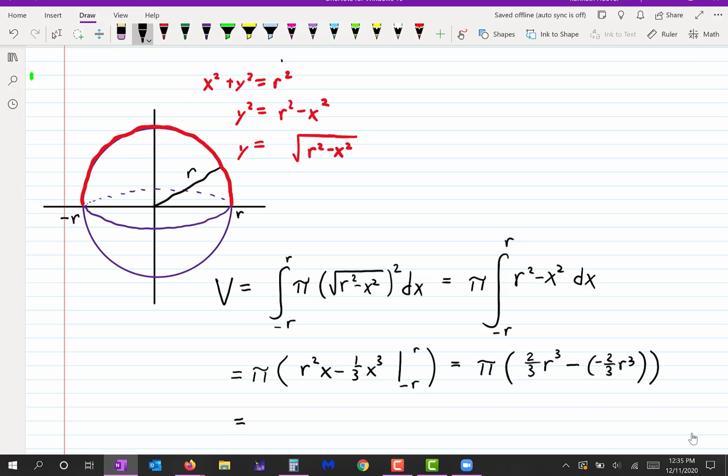And so our final answer will be pi times what? 4/3 r cubed. That's where that formula comes from. Okay, that's all for today. Pretty short lecture, I know, but it's just that only that one concept that I think we need to cover.